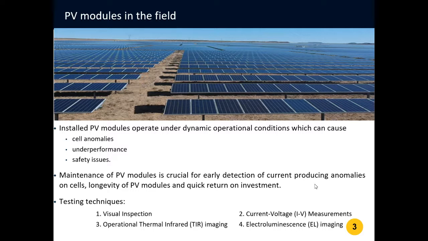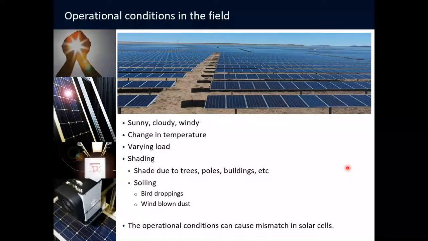So when PV modules are operating in the field, they are exposed to different harsh conditions like sunny, cloudy, change in temperature, shading, which include shade due to trees, buildings, poles, and soiling caused by bird droppings and wind-blown dust.